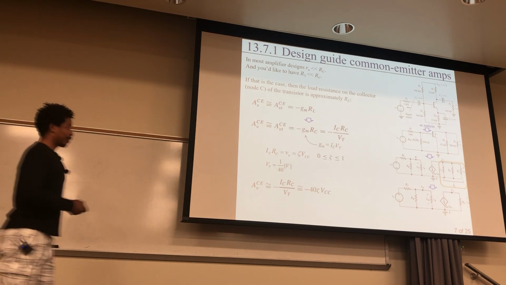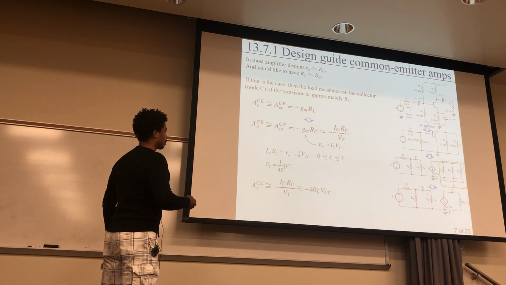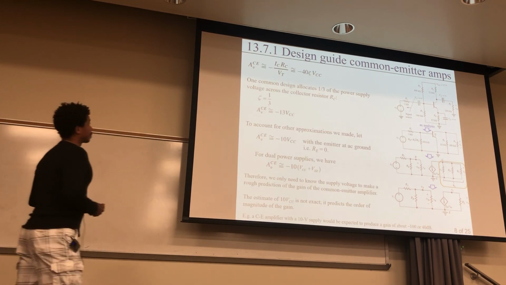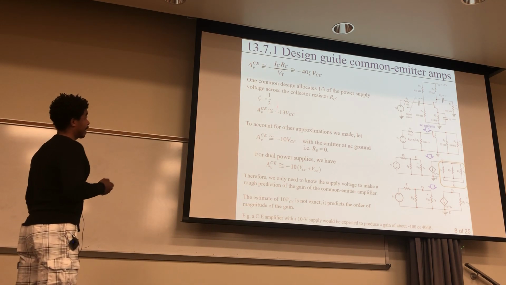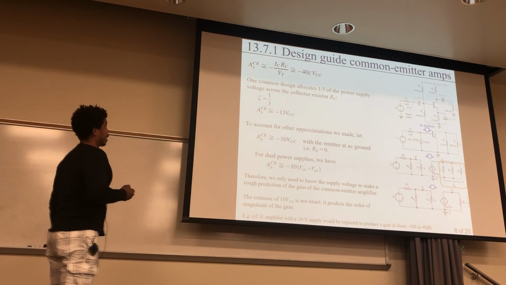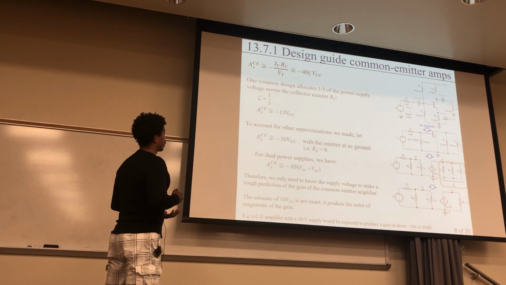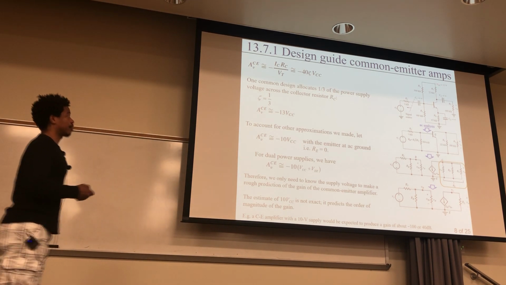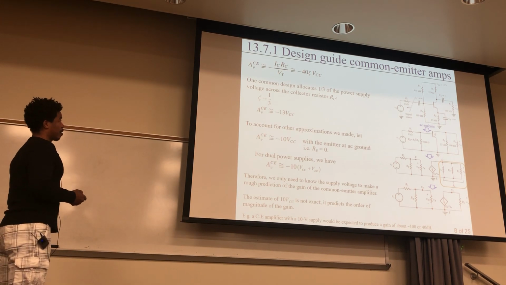Now this little parameter between 0 and 1 is usually taken as 1/3. So for many designs, you could think of it as allocating 1/3 of your power supply across your RC, which you'd like to be your largest.